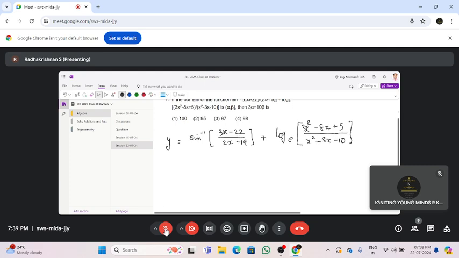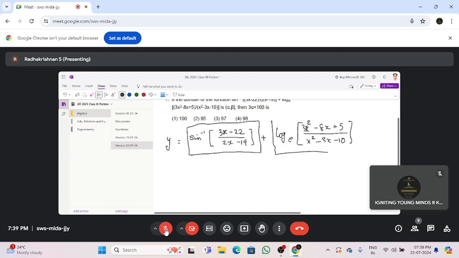There is a difference between range and codomain, but they both represent the values that y can take, whereas domain means the values that x can take. So what are the possible values x can take for this combined function? You should first see what possible values x can take for this function to be defined or valid.